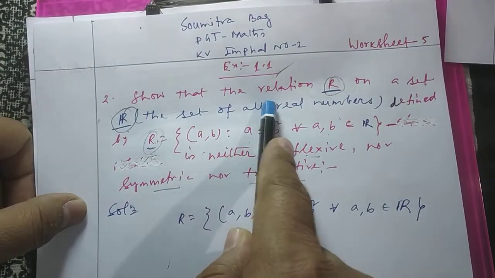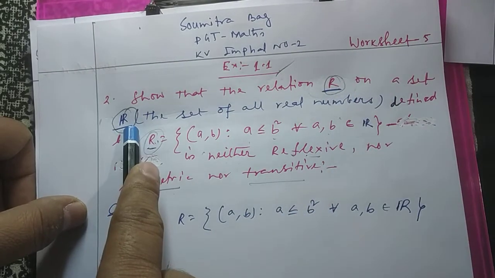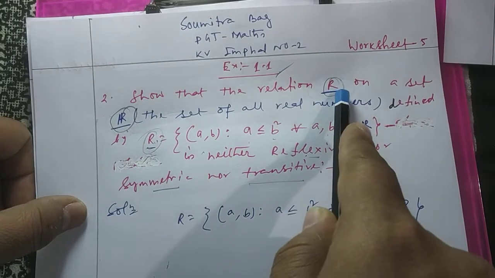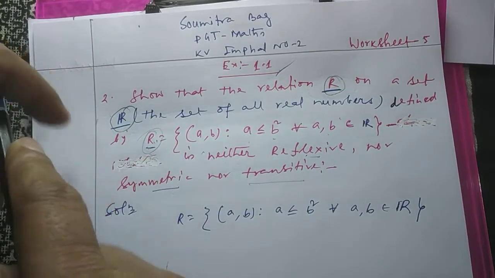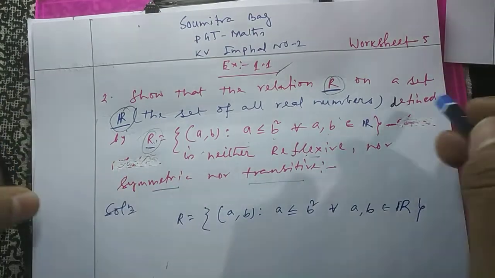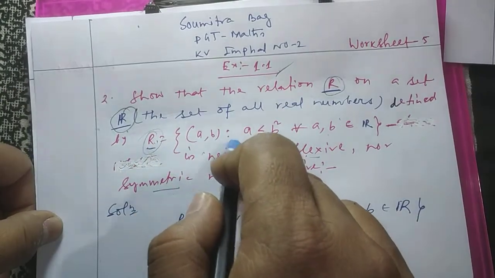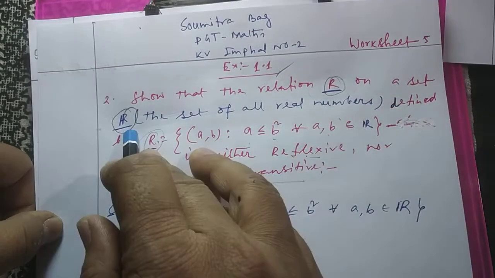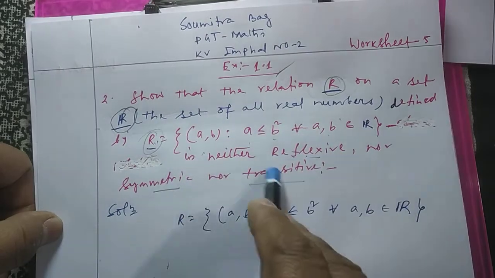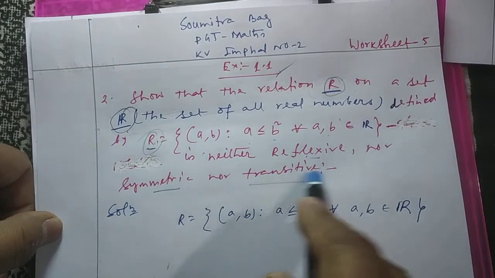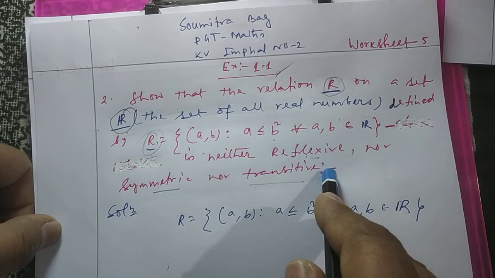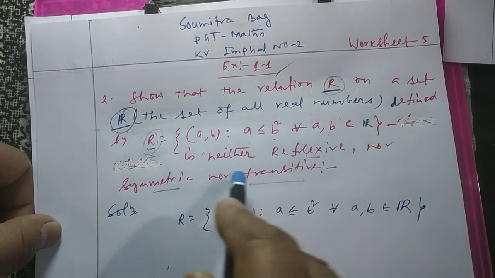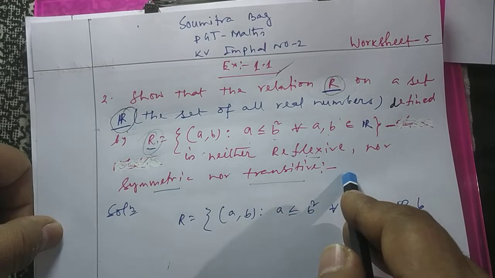The relation R on the set R. Here don't be confused between these two R. Here this R means relation and this R is the set of all real numbers, defined by R equal to {(a, b) such that a is less than or equal to b squared}, where all a, b come from the real number set, is neither reflexive nor symmetric nor transitive. That means we have to prove this R is neither reflexive nor symmetric nor transitive. Now let us verify them one by one.